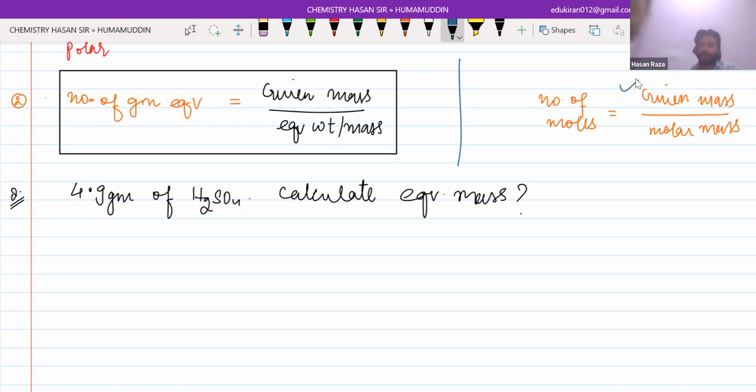But when we talk about the equivalent concept, we generally use it very much less than the mole concept. That's why it looks tough, and it also has one more step than the mole concept. But the fact is that if you learn this equivalent concept, it will be much easier to calculate your answer than the mole concept, because in the mole concept you need to balance again and again, but in the equivalent concept you don't need to balance basically.